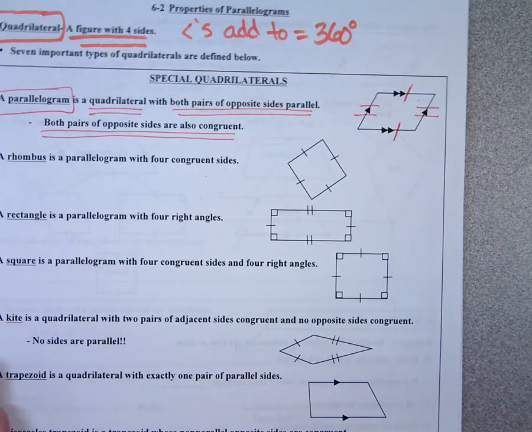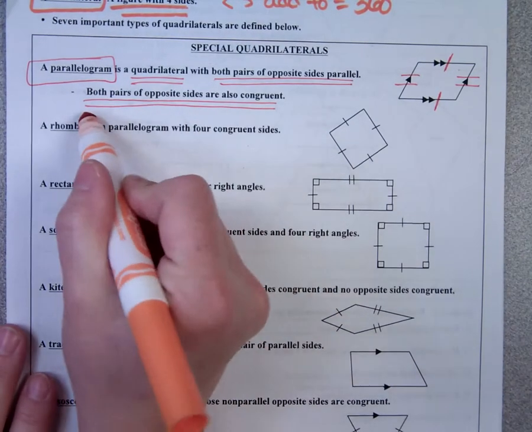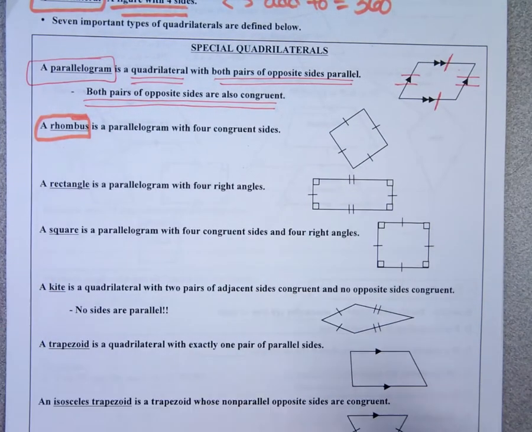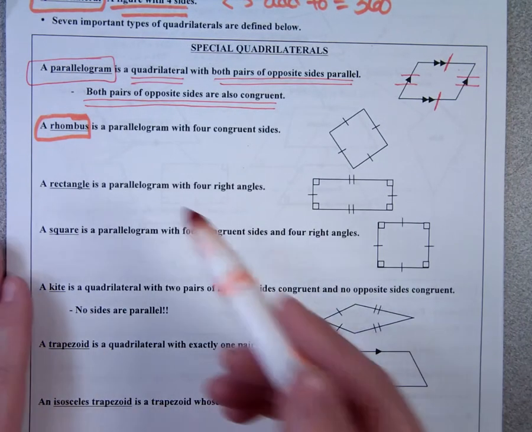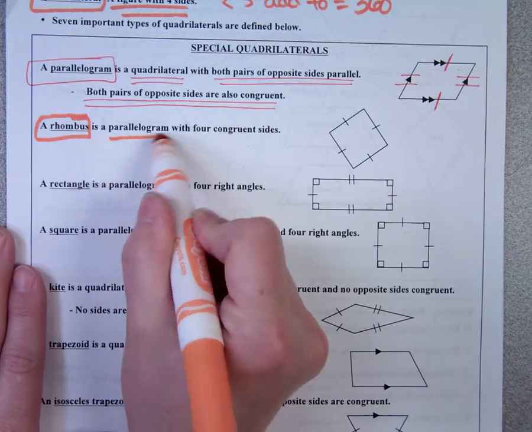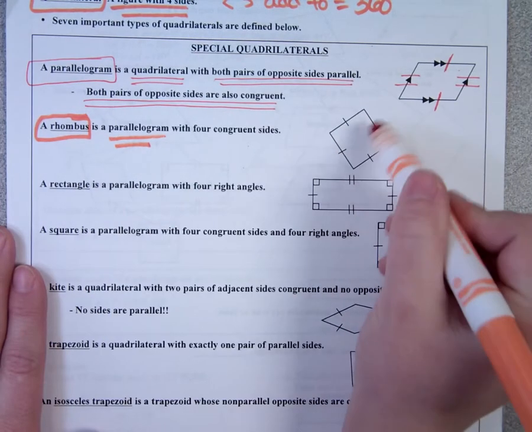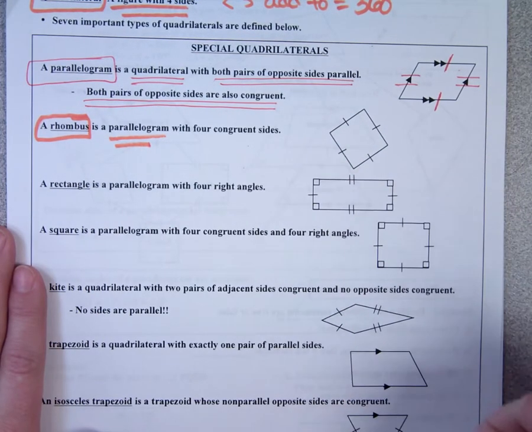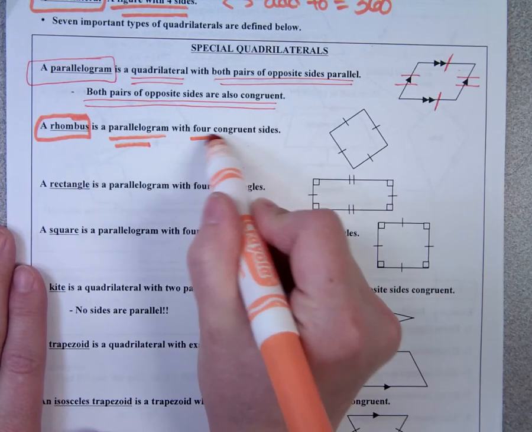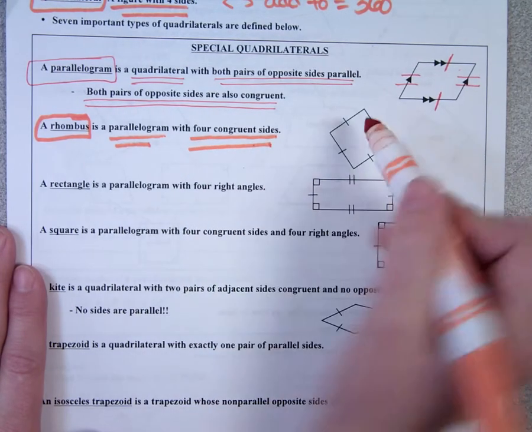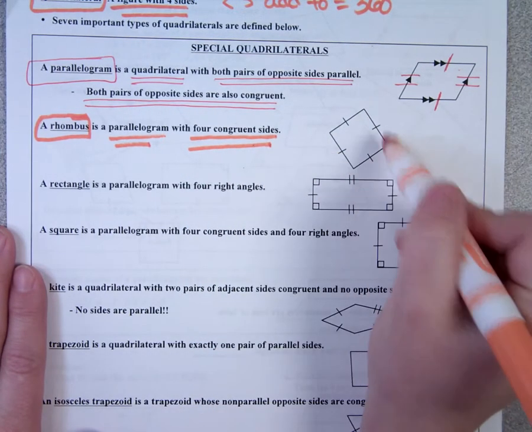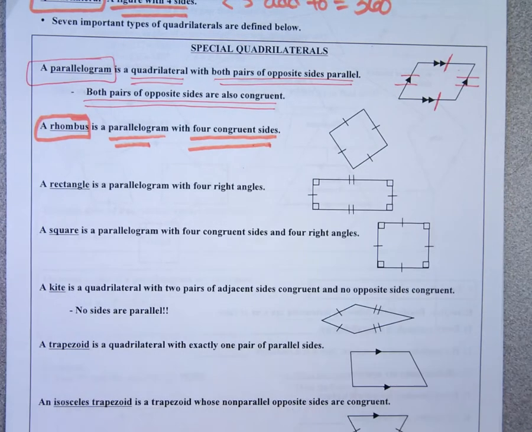Okay, so the rhombus. This is the one that you guys learned to call a diamond. I think when you're in elementary school you always call it a diamond. So a rhombus is a parallelogram, which means the opposite sides are parallel and the opposite sides are congruent. But what's special about it is it's got 4 congruent sides. So all 4 of these sides are the same. But do you know why a rhombus isn't a square, even though it kind of looks like one?